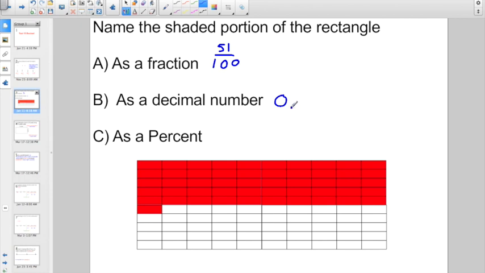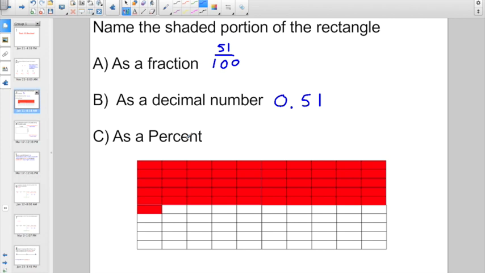And then the decimal. So I need to write 51 so it ends up in the hundredths. So I'm going to put 5 in the tenths place and then 1 in the hundredths, just like I was going to write 51 cents, because cents is the same as hundredths, right?